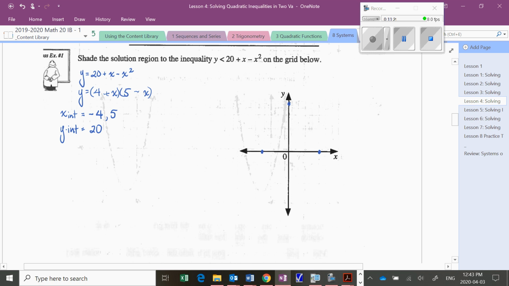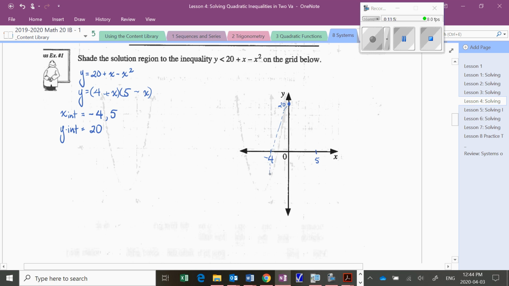And then I get a sense of what the shape of the graph is going to be, and just for the interest of scaling a little bit, if this is actually 20, then my negative 4 might be more like this. Positive 5, something more like this. So we know already that the graph is going to have this shape.